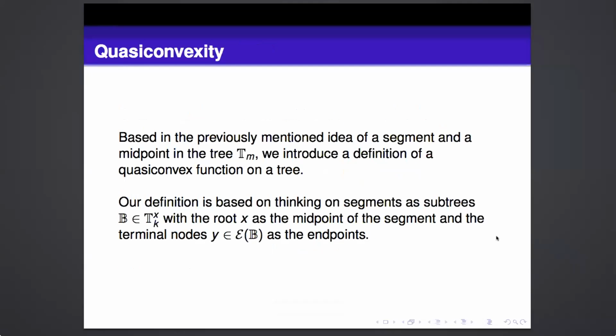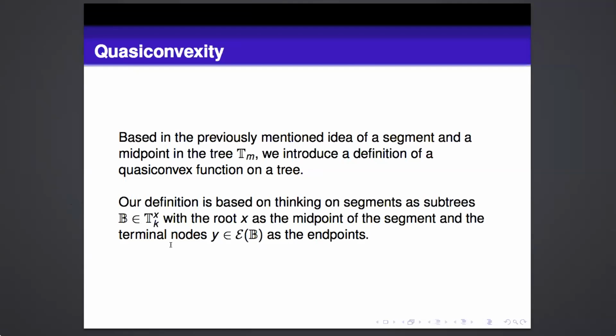And a convex set inside the tree is the following. You take one of these binary subtrees. Now I'm going to let it be a k-ary tree. That is, instead of only 2 successors, we are choosing k successors. But it's the same thing as binary. If you want to take k equals 2, everything works the same.